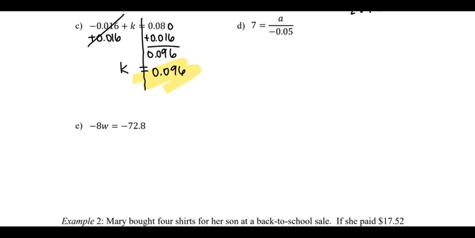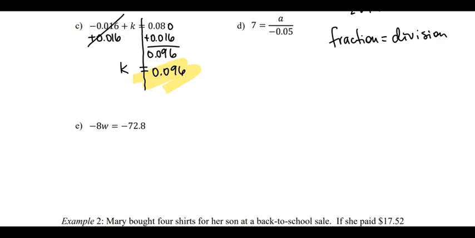So moving on to the next problem, you have 7 equals a divided by, or a over, negative 0.05. Remember that a fraction is the same as division. So a is divided by negative 0.05.